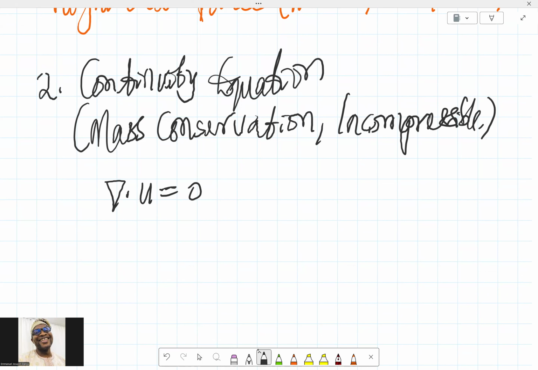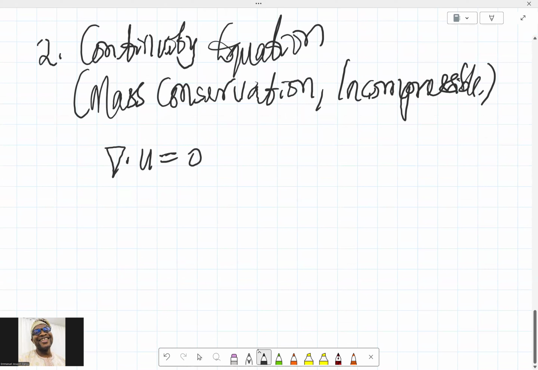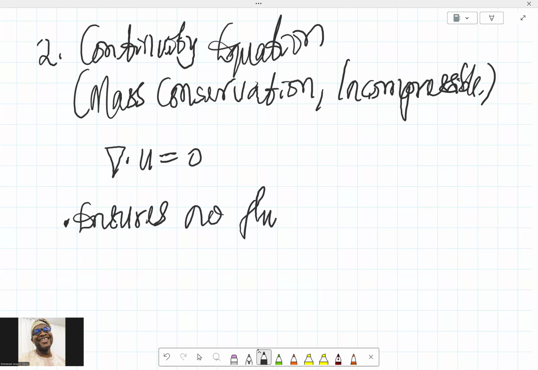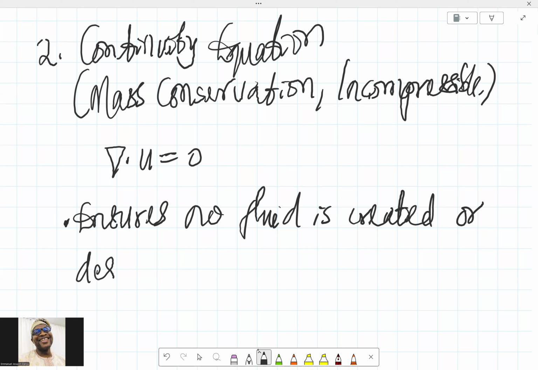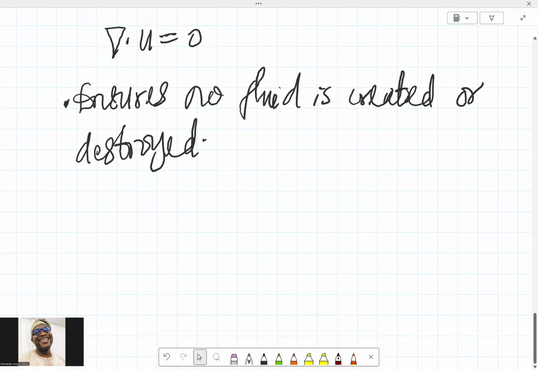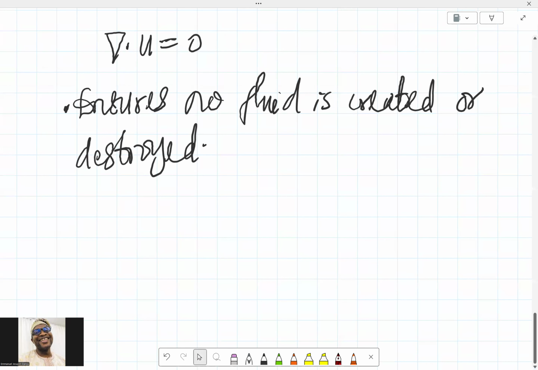This ensures no fluid is created or destroyed. So we have conservation there, and the fluid is incompressible.